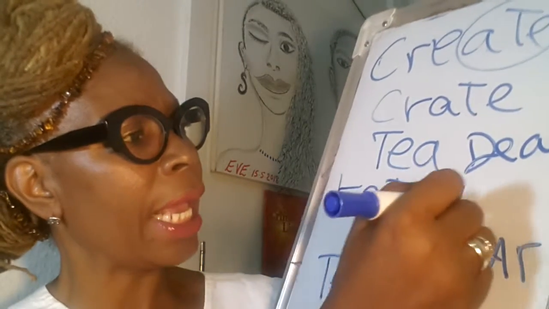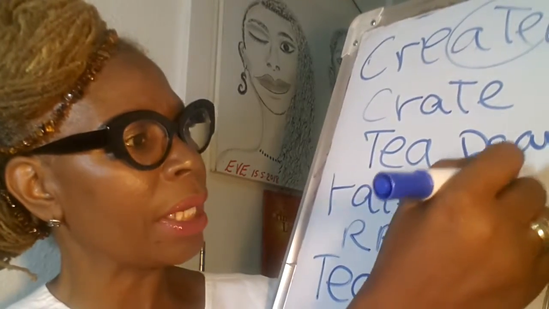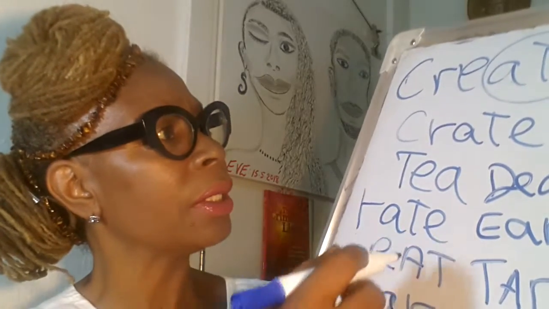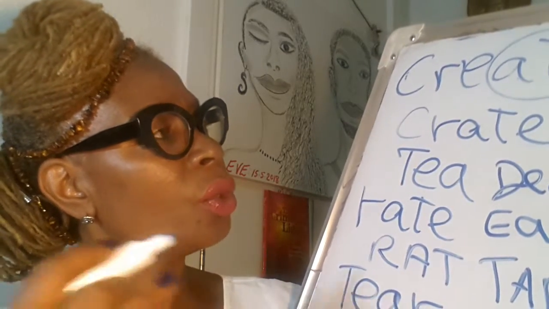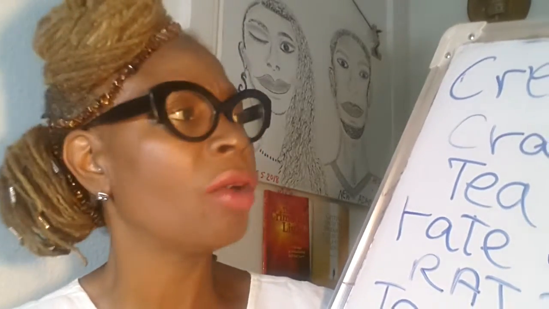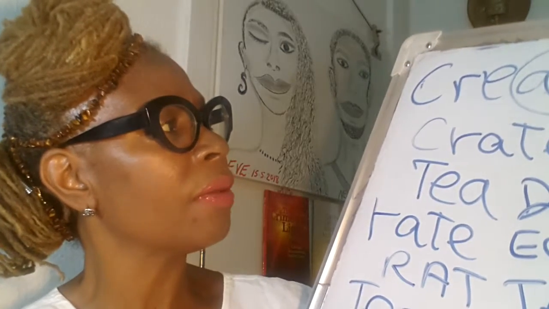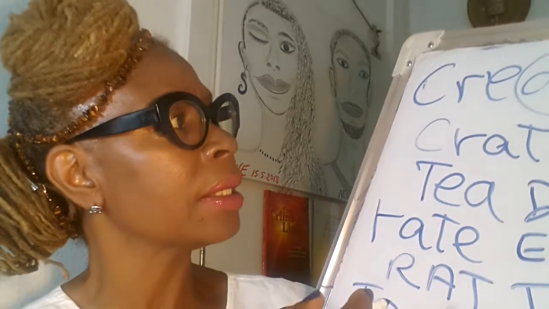Of course, the word ear, E-A-R, where we can hear. These are things that are so important that we can pay attention to in knowing. When we talk about create, it brings us to a place of thinking consciously of our actions and what we are doing, what we are thinking.